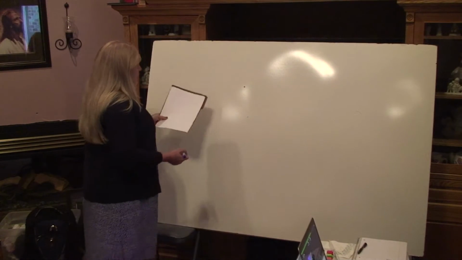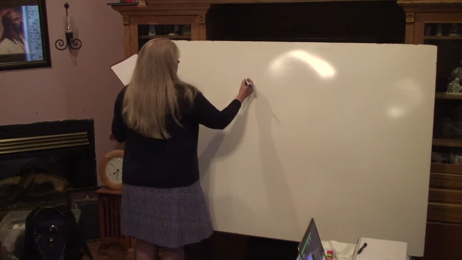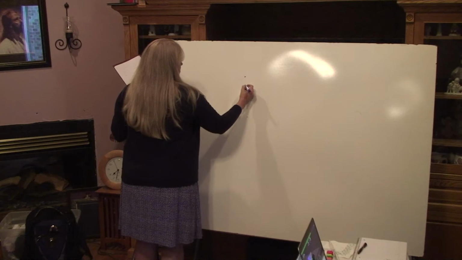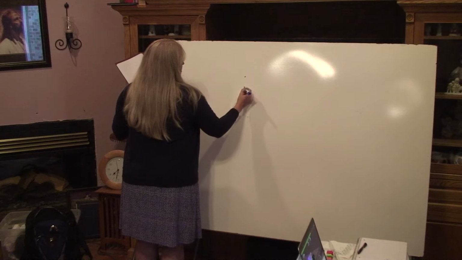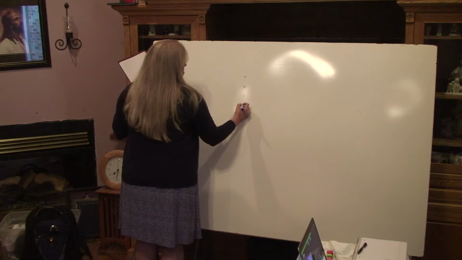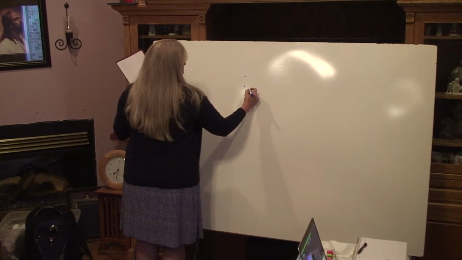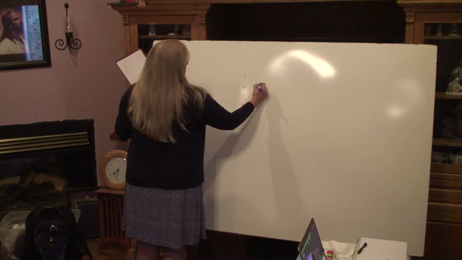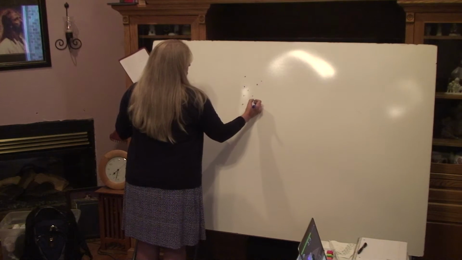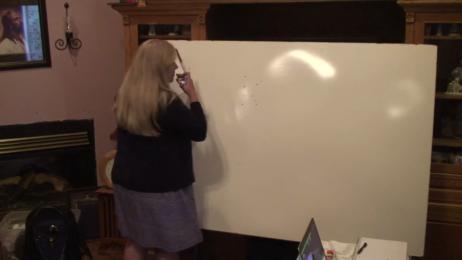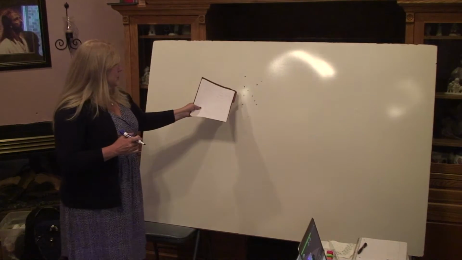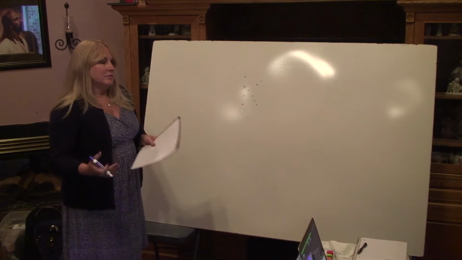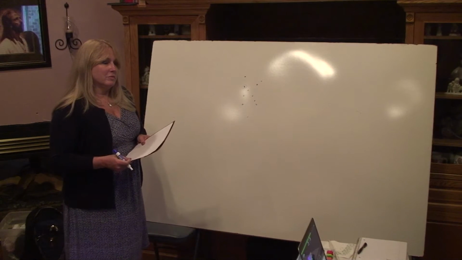Okay, so let's say I have this part right here. I'm going to draw this one here, just going to do it the easy way. God starts going there with this part, starts bringing some connection together.